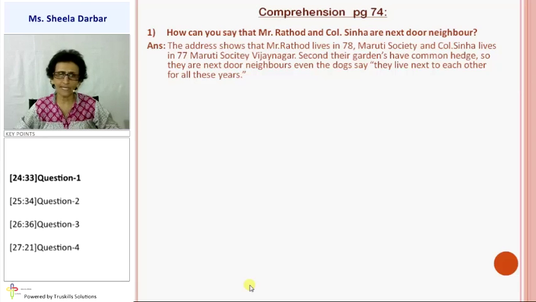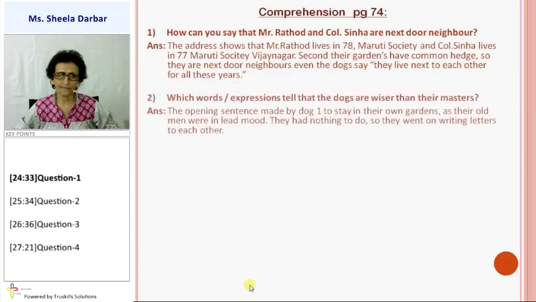So that is the first, the address telling you that they are neighbors. The second one is, their gardens have a common hedge or fence. So they are next door neighbors. Even the dogs say they live next to each other for all these years. So in 3 places the proof has been given that both of them are next door neighbors.